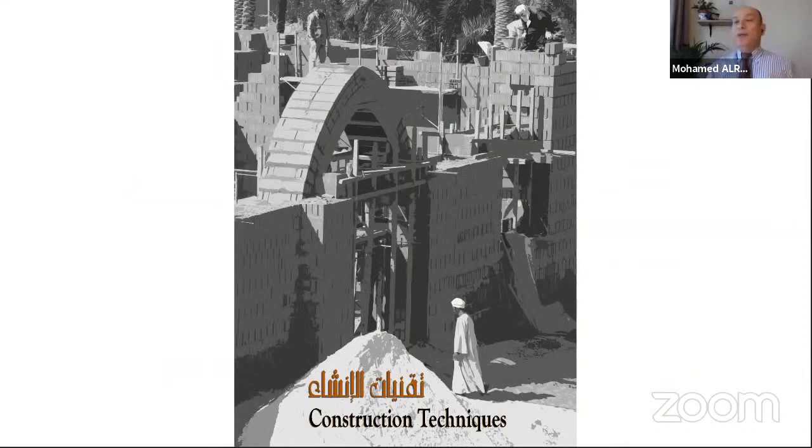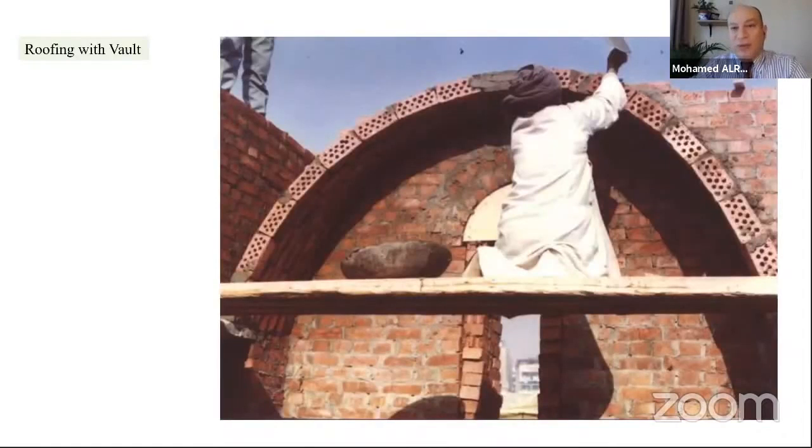Okay, I talked about just one element of the matrix, the construction material. And now we have to deal with the structural system and the architectural design. Regarding the structural system, as I told you before, we can construct all our buildings using bricks only.